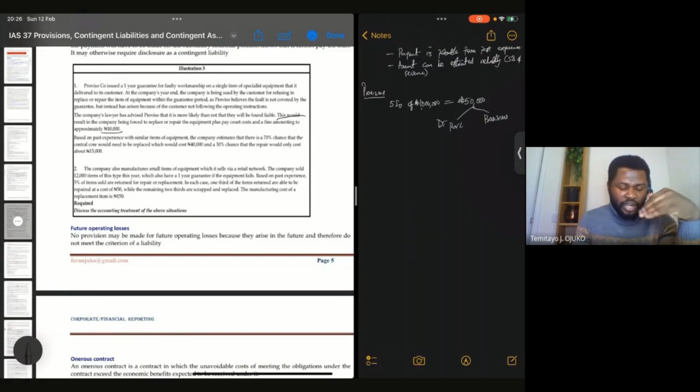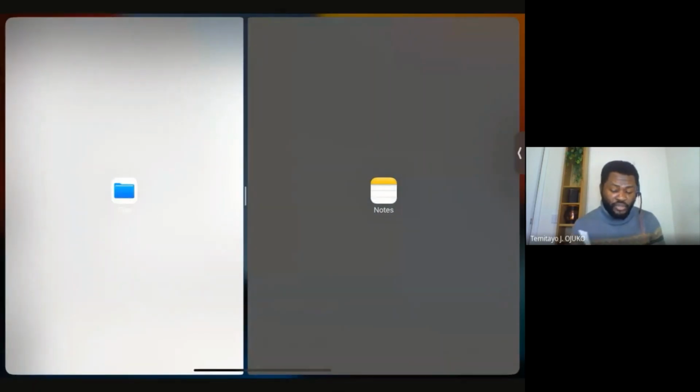But then the other bit, which is the 70% chance and the 30% chance, those are probability weighted. Then also in the second scenario, there's a 1/3 and 2/3. Those are also probability weighted. So we're going to look at this and see how we're going to solve the two scenarios.